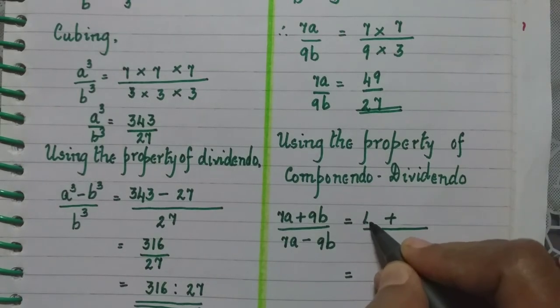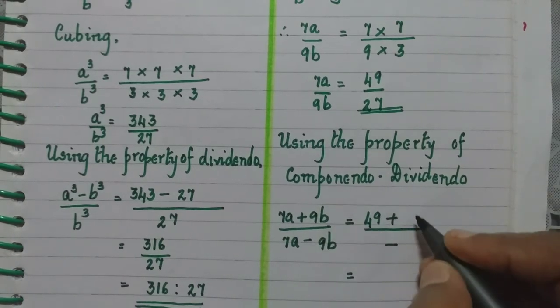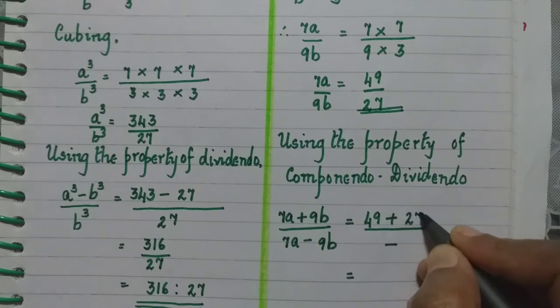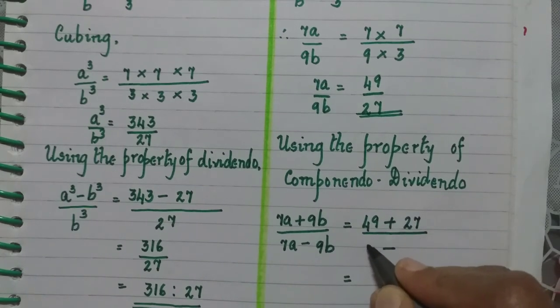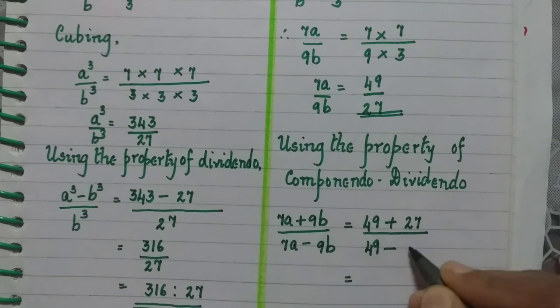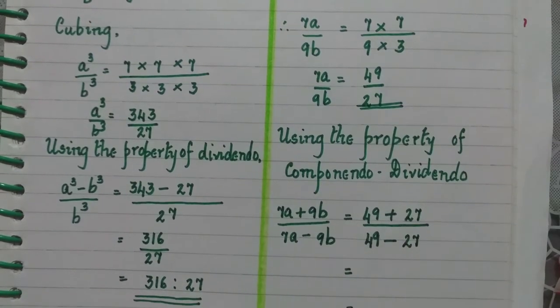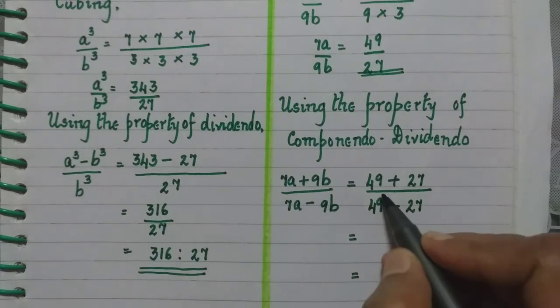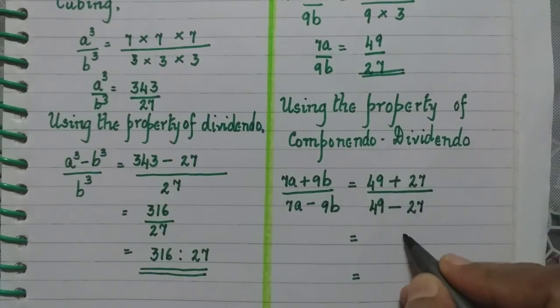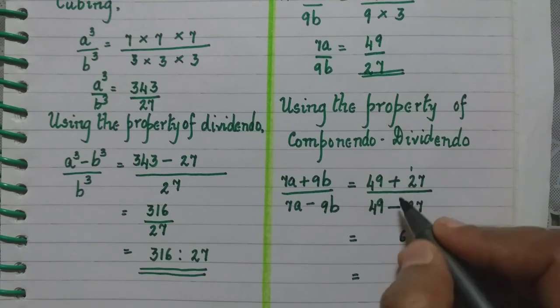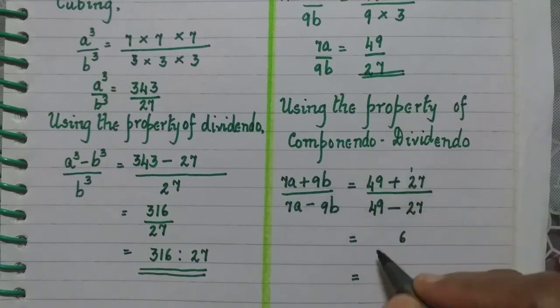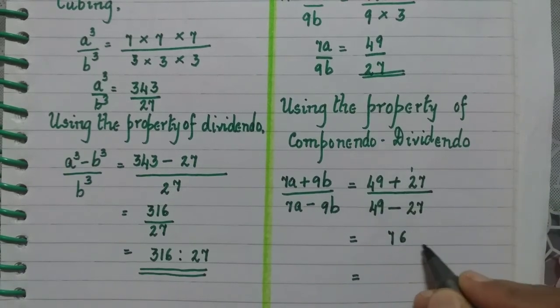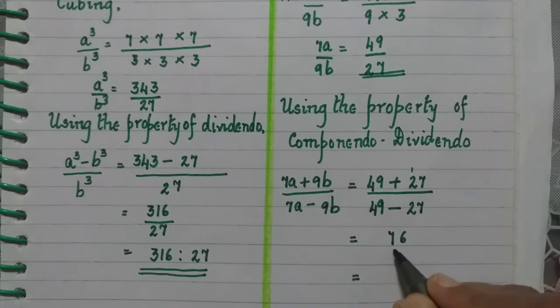So I write here 49 plus 27 upon 49 minus 27. Now what is 49 plus 27? We can add: 9 plus 7 is 16, 1 carry up, 2 plus 1 is 3, 3 plus 4 is 7. So we have here 76.